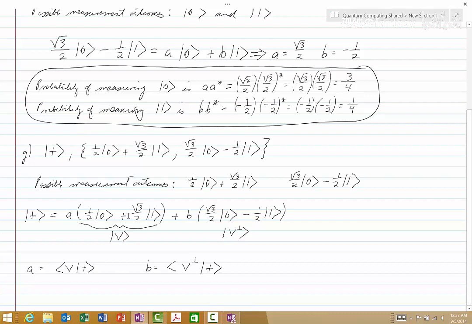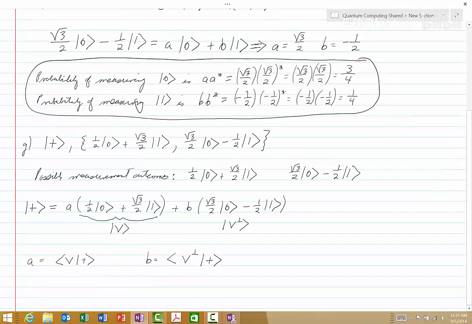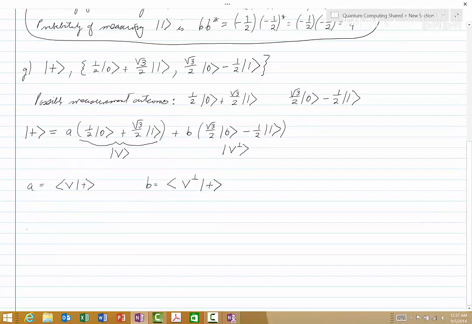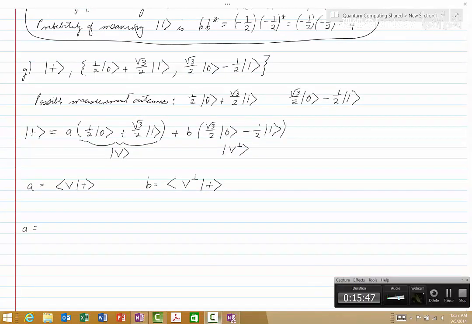And this is equal to 1 since V is a normal vector, so the inner product of V with itself is 1. So we get A, so we get the first equation. And likewise, if we take the inner product of both sides with V orthogonal, we will get this equation. So all that remains now is just to evaluate these expressions for A and B.